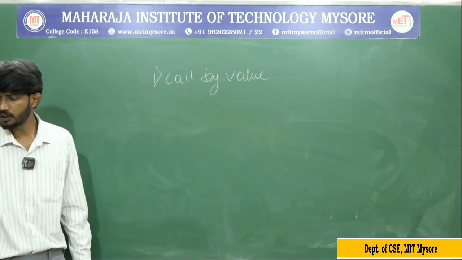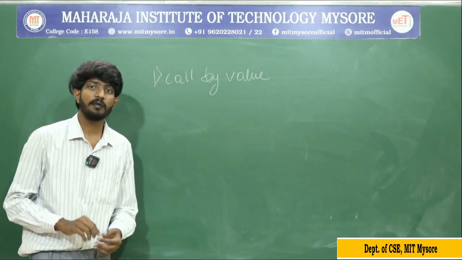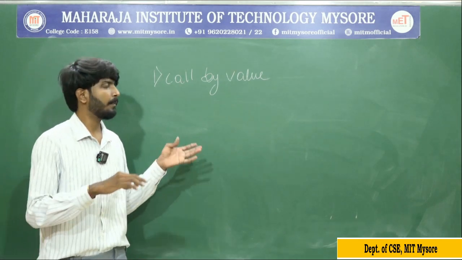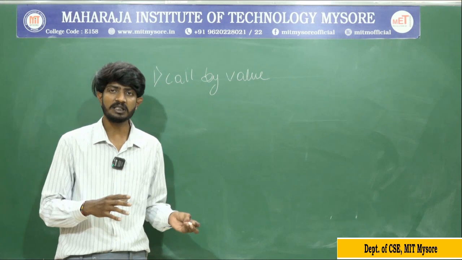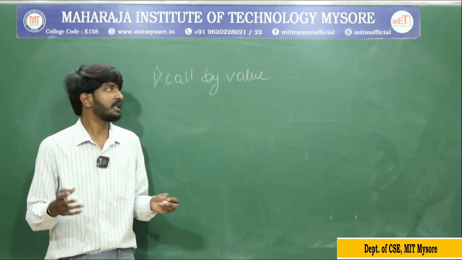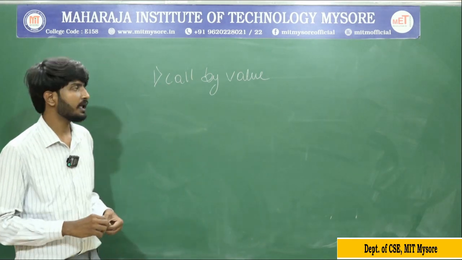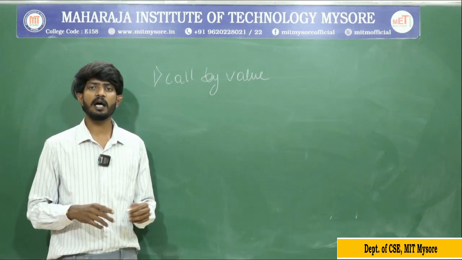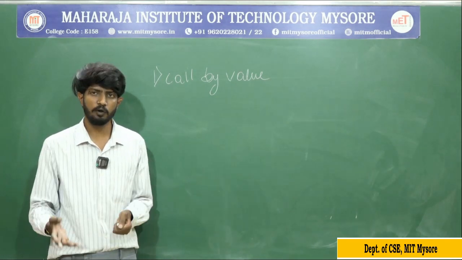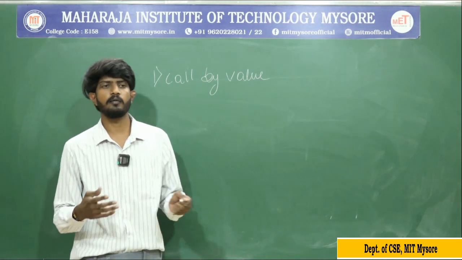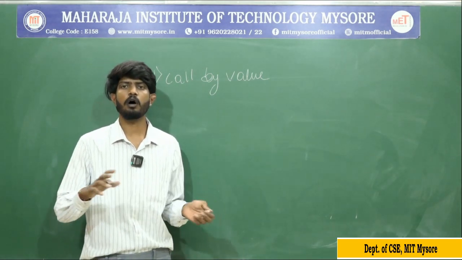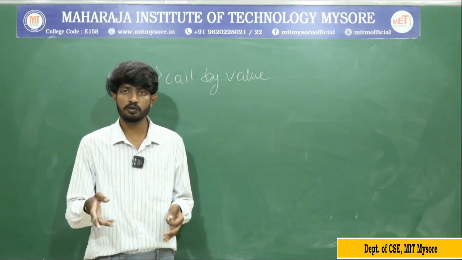Call by value is calling a function by passing the arguments or the parameters with the help of values. In the last program we used call by value only. While adding two numbers, I called that function with the help of values only.